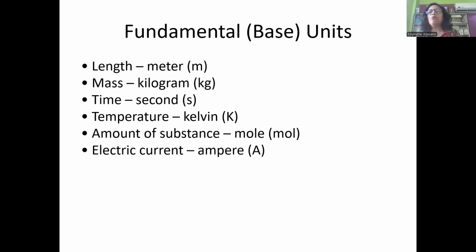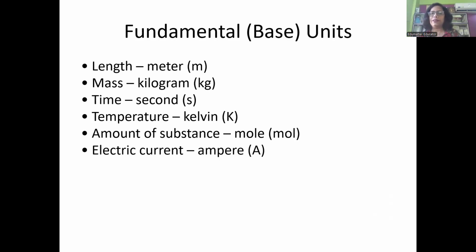Mass is how much is there, and amount of substance means how many are there. Mass means collectively how much is there. And amount, when we are talking in terms of mole, means how many molecules, how many atoms, how many ions, or in general, how many radicals are there.